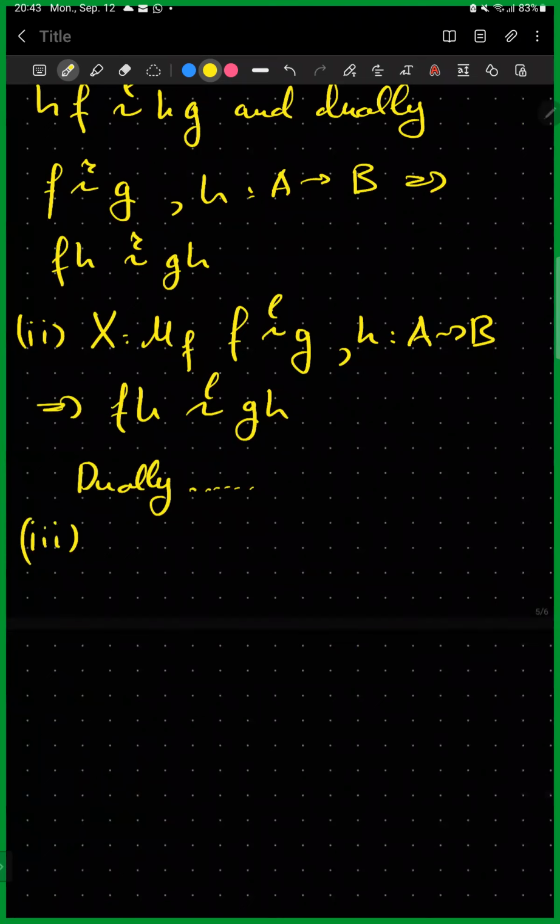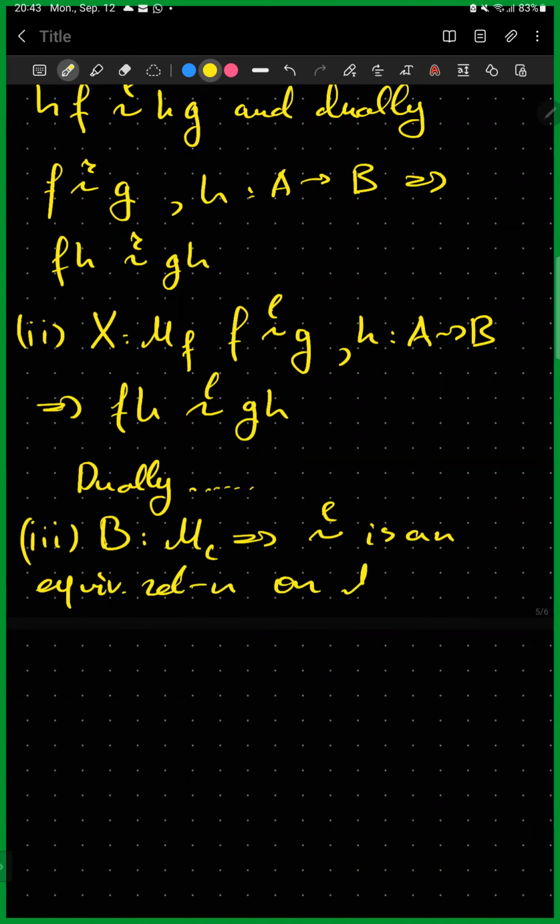The third part of this proposition states that if B is a cofibrant object, then left homotopy is an equivalence relation on the hom set between B and X, and dually the same thing for right homotopy under the assumption that X is fibrant.